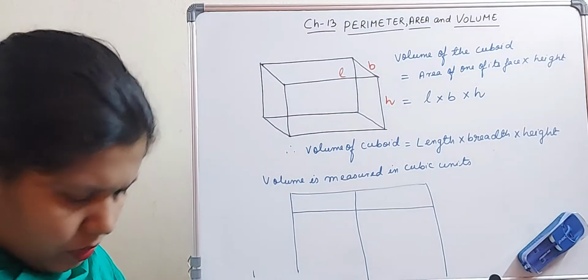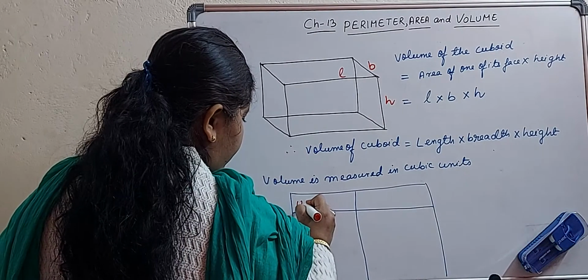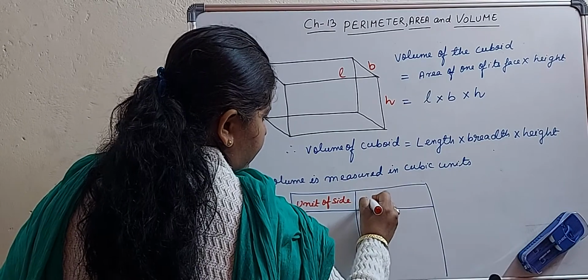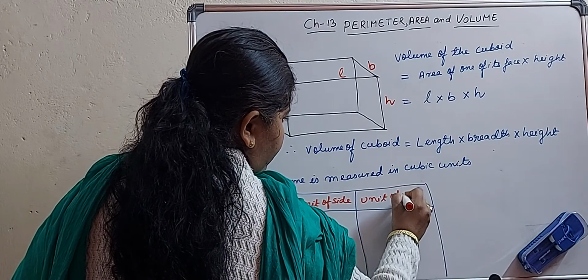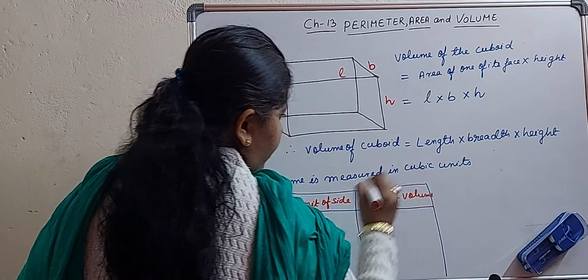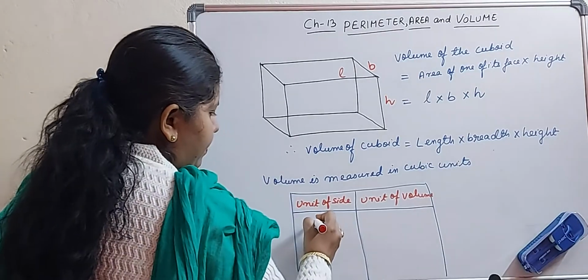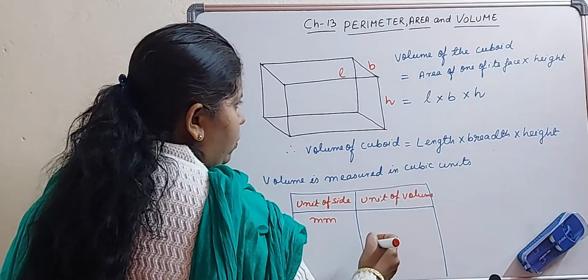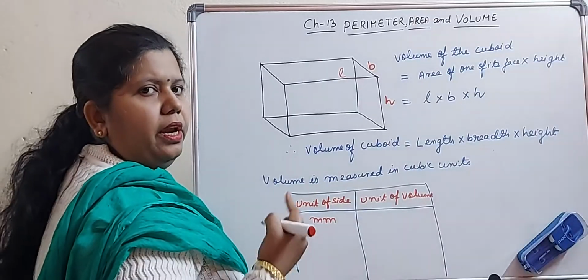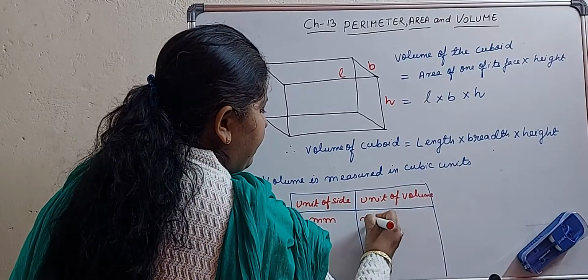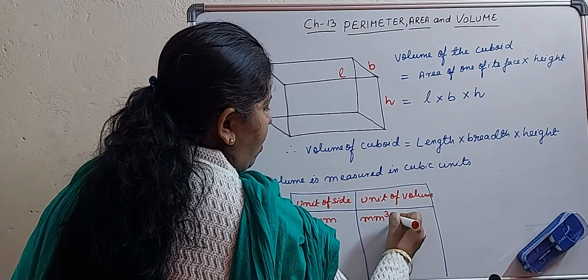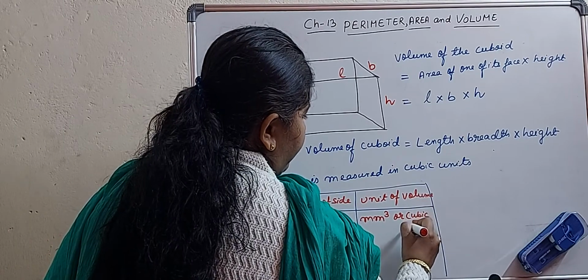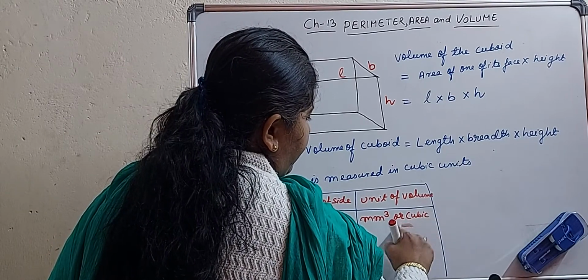Suppose I have here the unit of side, and on this side the unit of volume. Suppose my unit of side is millimeter. Then what will be the unit of volume? The unit of volume will be millimeter into millimeter into millimeter, that is millimeter cube, or you can also write it as cubic millimeter.